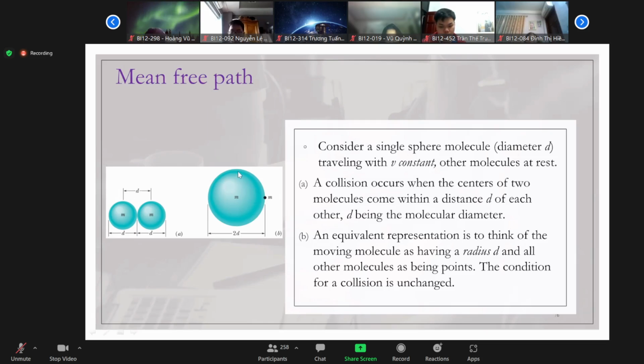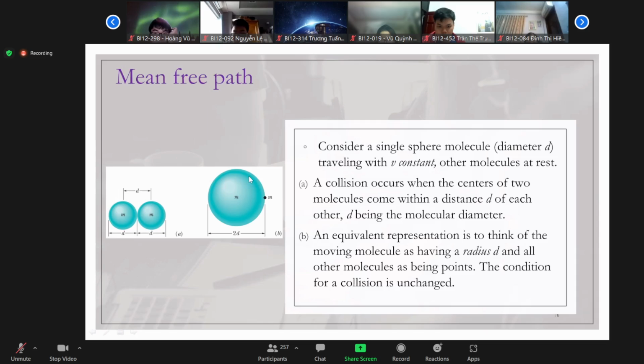We can consider a big molecule which is actually moving. This big molecule has a radius d and a diameter 2d. All the other molecules, we can consider as points only. Now the problem, from considering two separate molecules, becomes considering only one big molecule.